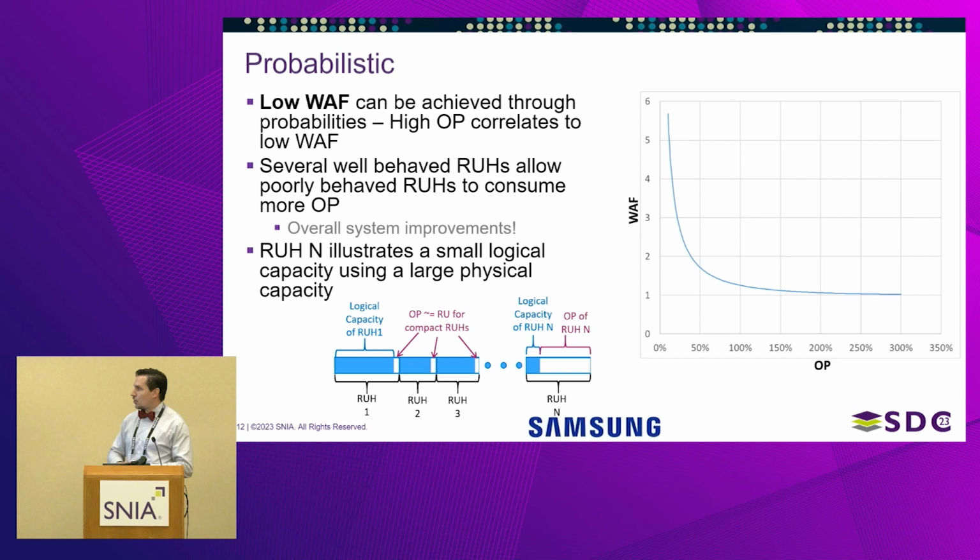In the event that RUH N is not receiving write amplification 1 traffic, it's got a lot of over-provisioning. And so from a probabilistic standpoint, it is very reasonable for you to drive write amplification 1 on many of your RUHs and then get a greatly reduced system write amplification just due to that over-provisioning being available for the rest of the drive, or the rest of the RUHs that are not well behaved. So it is probabilistic, so you're not necessarily guaranteed a definite WAF equals 1. It's trending down, right? But very large over-provisioning for small logical capacities is reasonable.